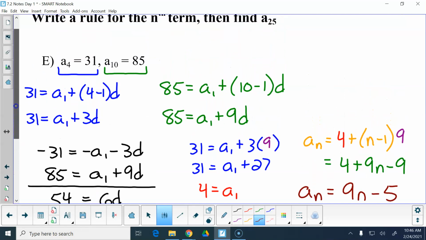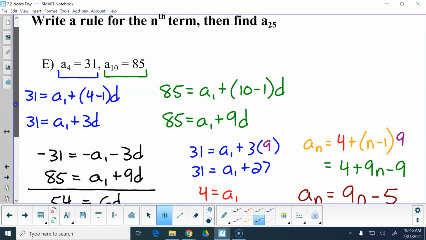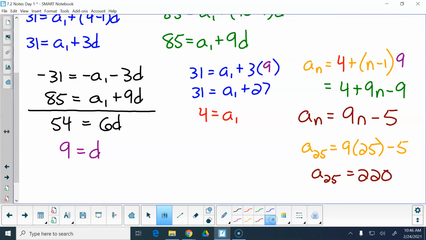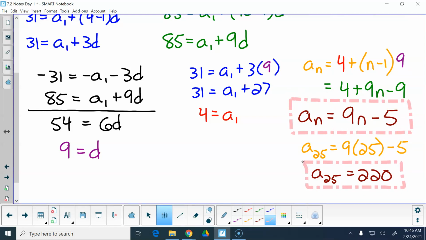And we needed to find the 25th term. Nine times 25 is 225, minus 5 is 220. So the two answers that we're looking for are that one and that one. Yes?